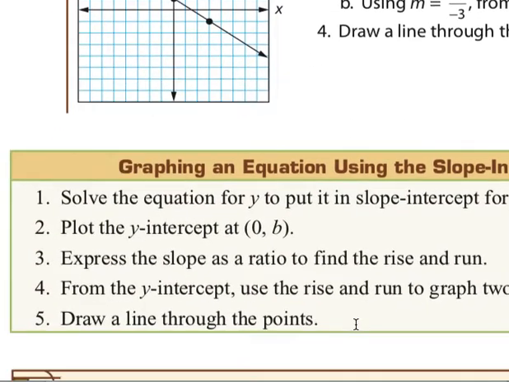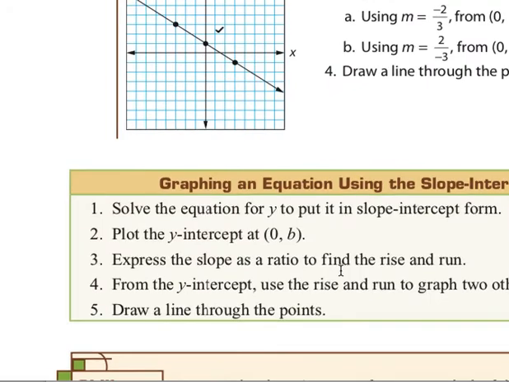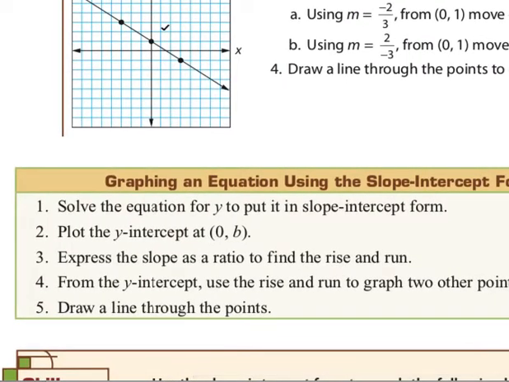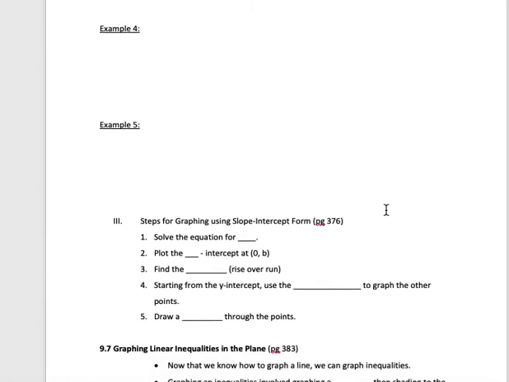All right, so here are the steps. You could copy it straight from the book here. That's totally fine. I pretty much did the same exact thing over here in the note packet.